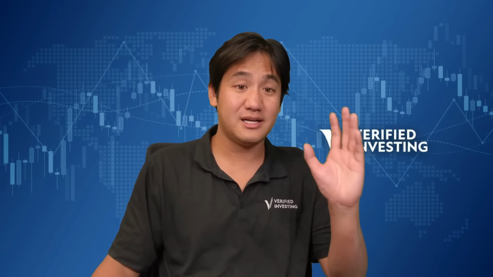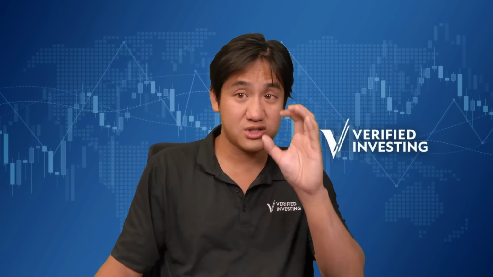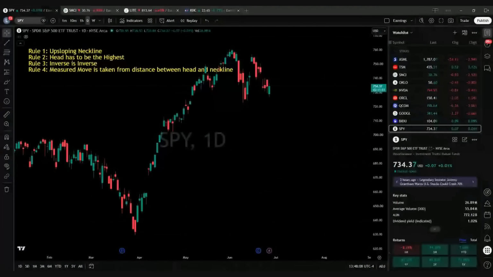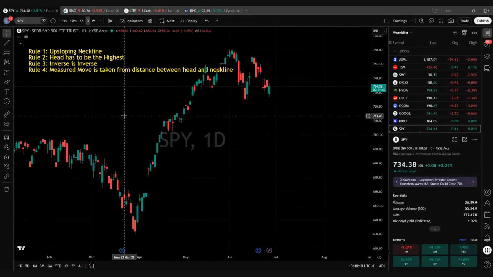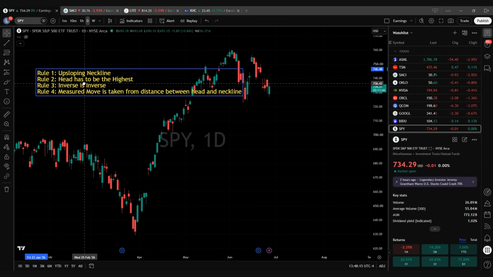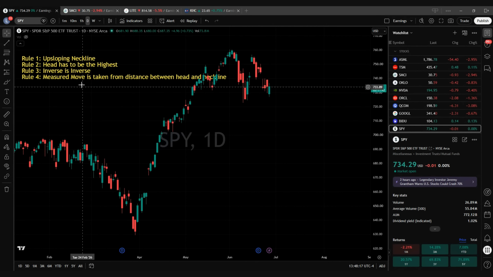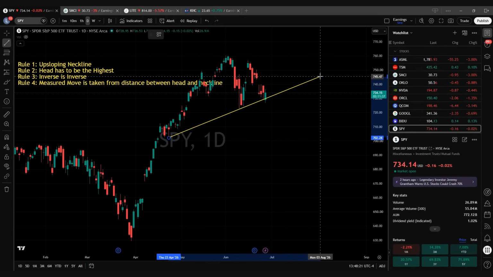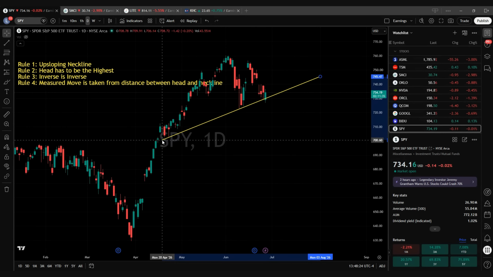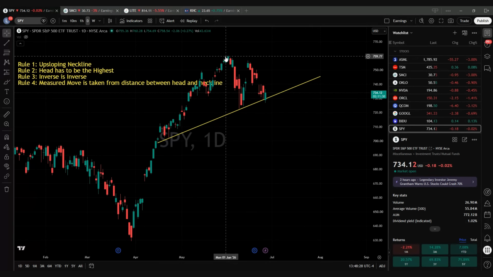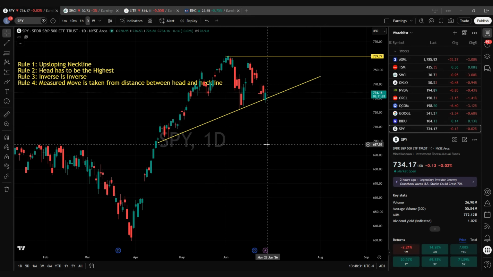With that being said, let's hop into it. And if you remember from yesterday, we're talking about what? Head and shoulders patterns. Let's just go to the charts and give you a quick refresher. So these are the rules we need to remember. Rule 1: for a head and shoulders pattern, we want an upsloping neckline. Next, we want the head to be the highest point.